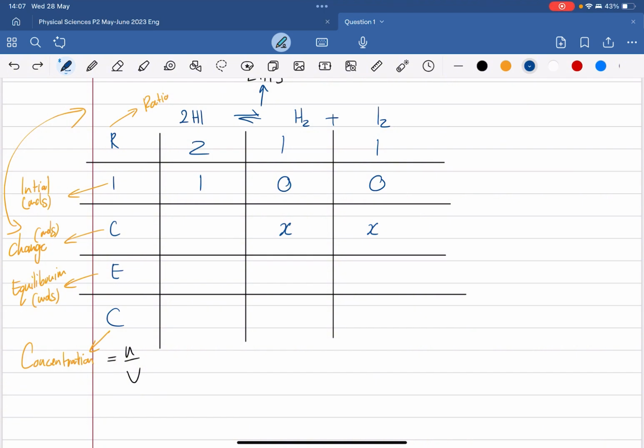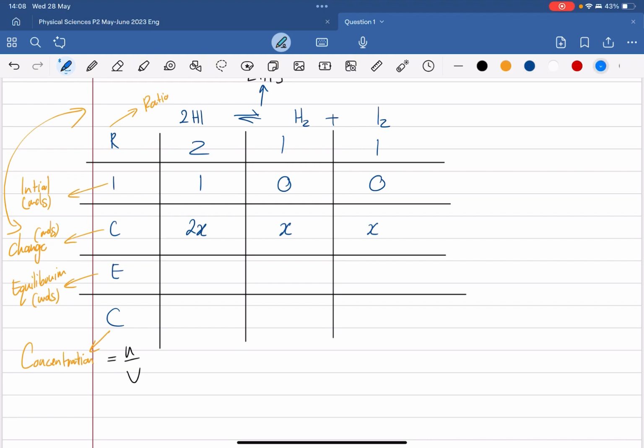It just makes the calculations much easier because that way you don't really have any fractions. So the change in the iodine is X, and because the stoichiometric ratio is 1:1, the hydrogen will also be X. And then here you've got the ratio of 1:2, so the change in hydrogen iodide will be 2 times X.